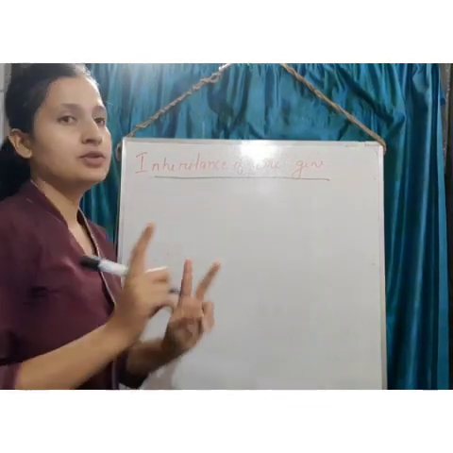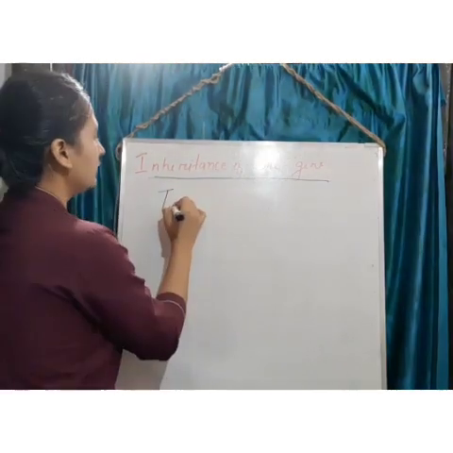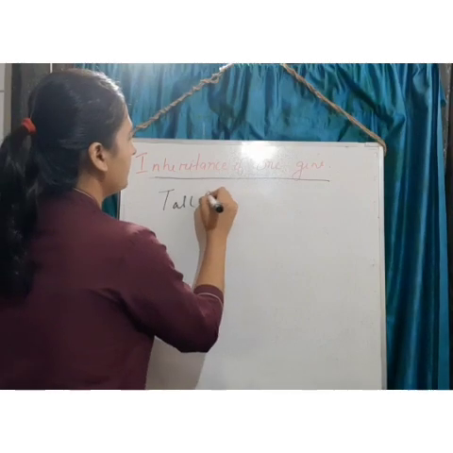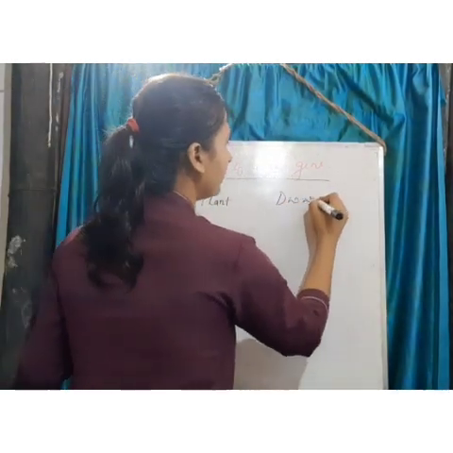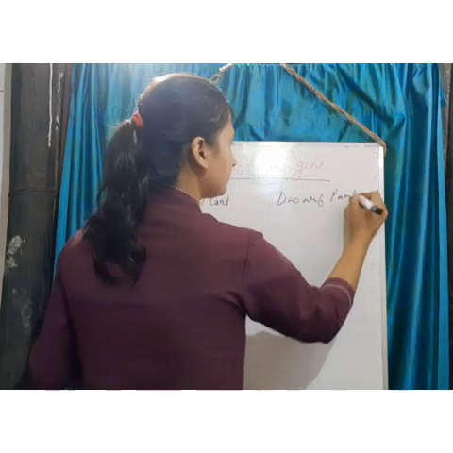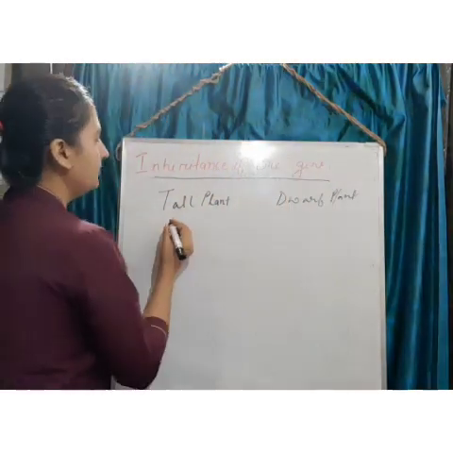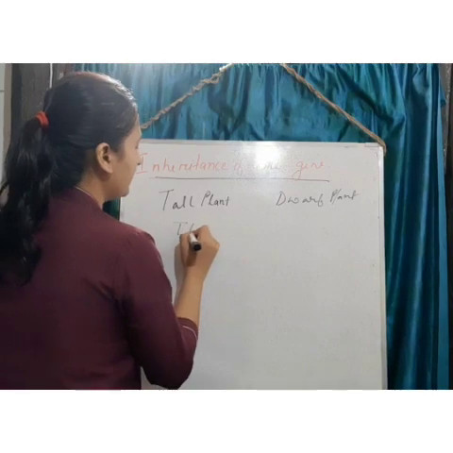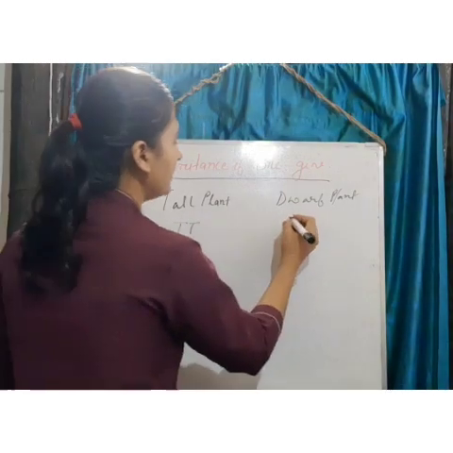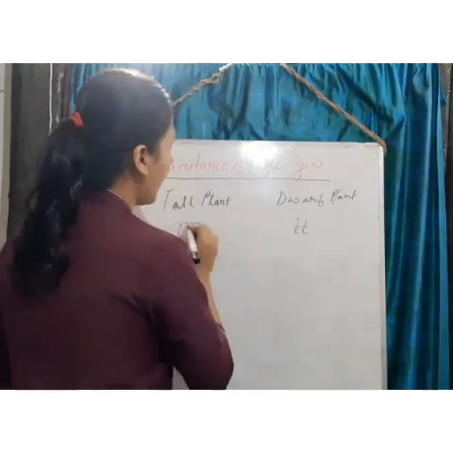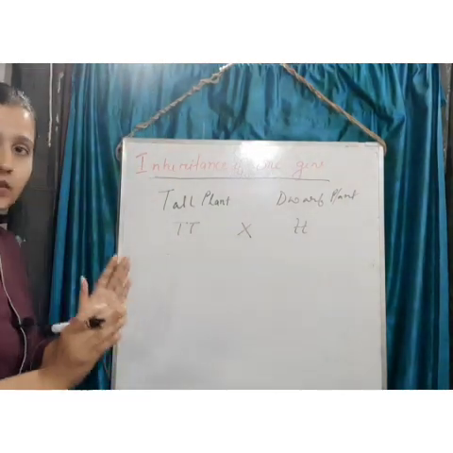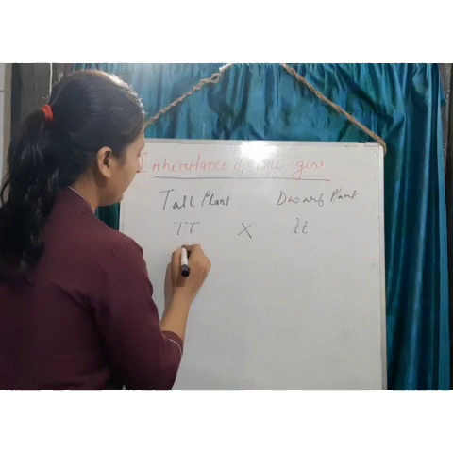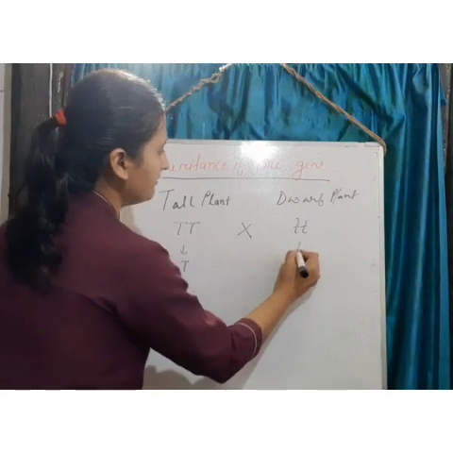He chooses two parents, a tall plant and a dwarf plant. The tall plant was represented with uppercase and the dwarf with lowercase, and they were cross pollinated. Then from here the gametes came.